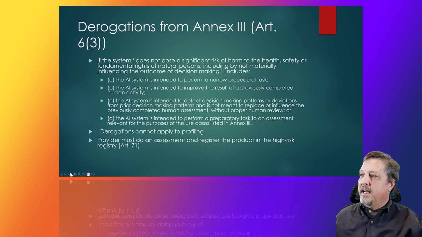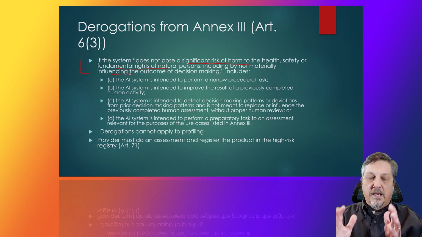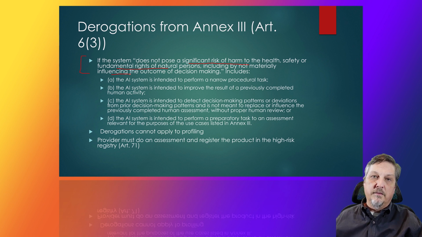So notice that the basic test is a kind of balance test. There is not a significant risk of harm to health, safety, or fundamental rights of natural persons, including by not materially affecting the outcome of a decision. And then there are a number of specific things that are listed here that would satisfy that definition.